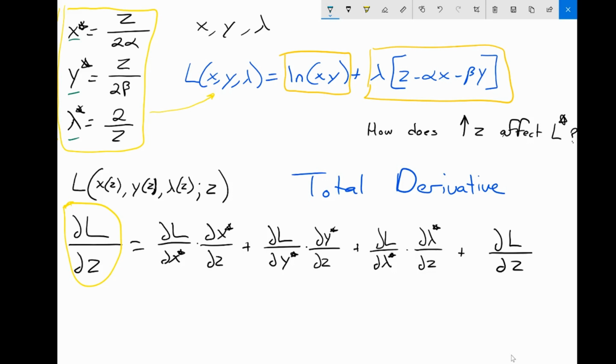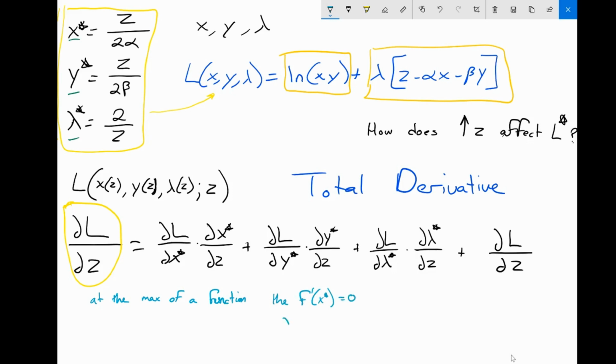Well, let me remind you that at the max of a function, the derivative of that function at the maximum point equals 0.